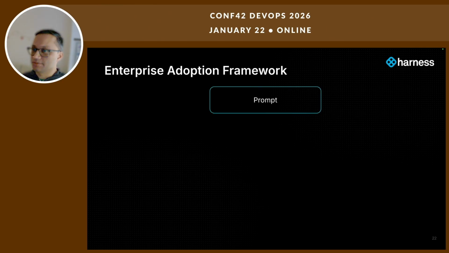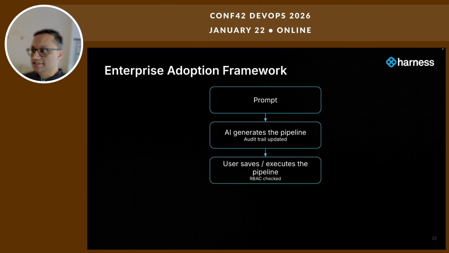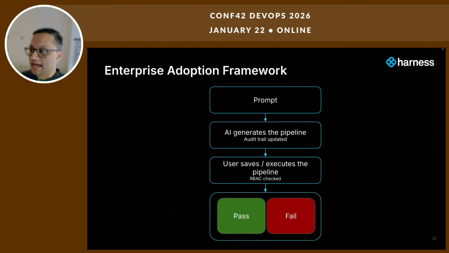The enterprise adoption framework that we have seen a lot of customers use and be successful with is: there is a prompt, AI generates a pipeline, the audit trail is updated, and the user saves or executes the pipeline. Then the RBAC is checked, on save the policies kick in, and depending on the RBAC permissions and the policies, the pipeline is either executed or it fails.